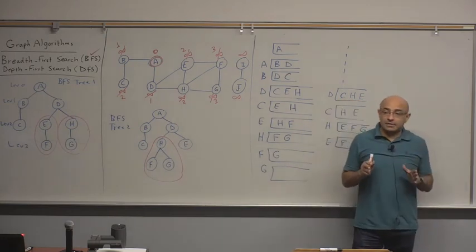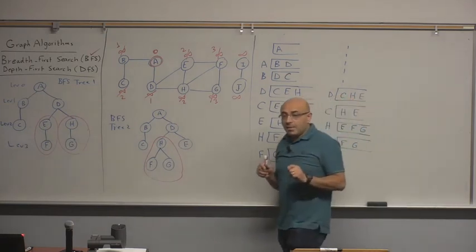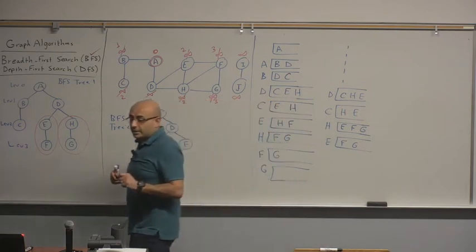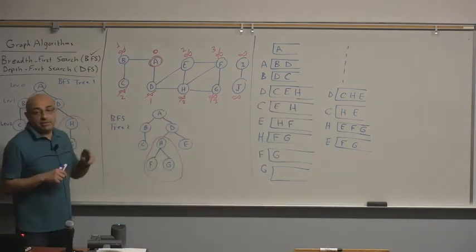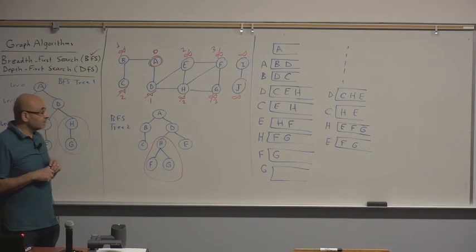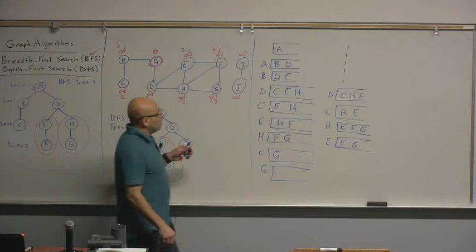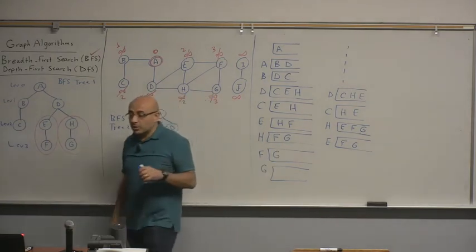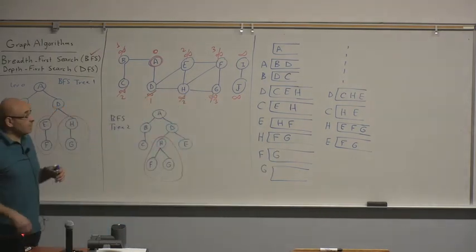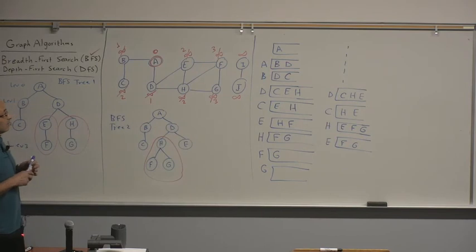But if you are interested in finding the minimum unweighted distance, then you must use BFS. Okay, so any questions on this? Okay, since there are no questions, let's look into the code and analyze the algorithm.